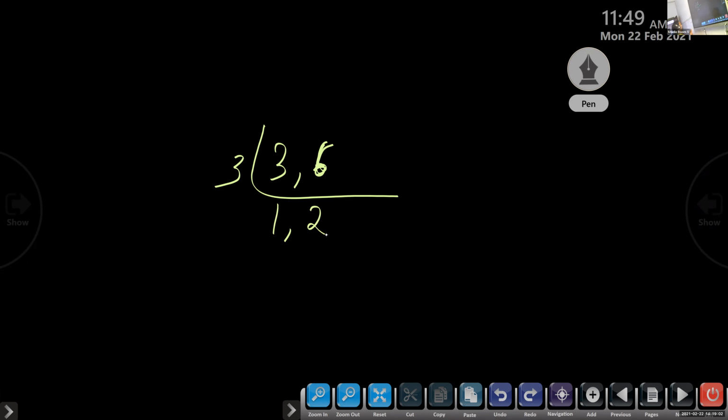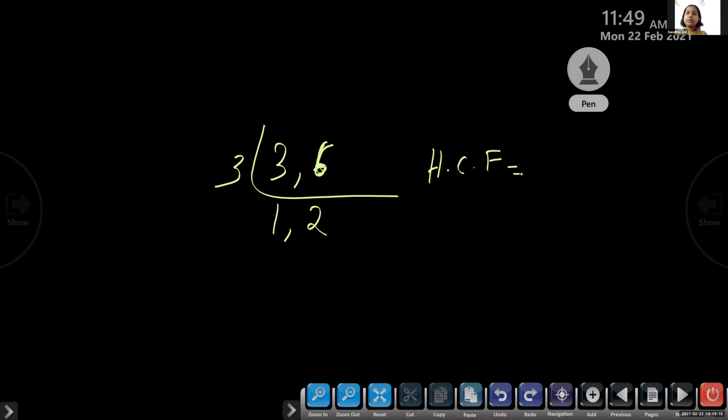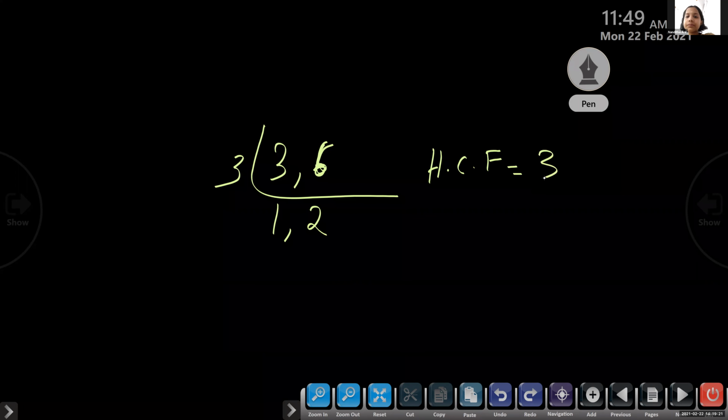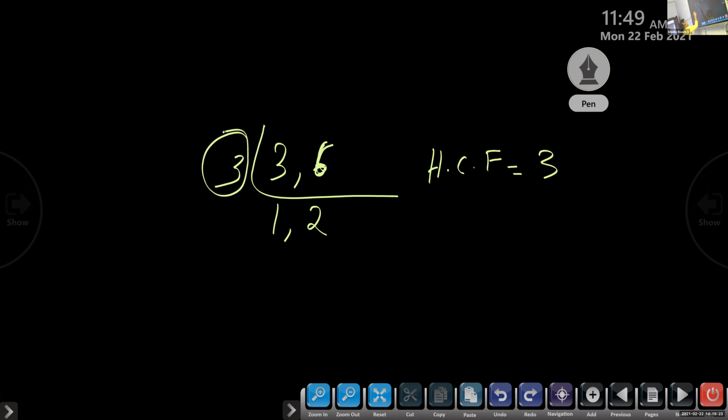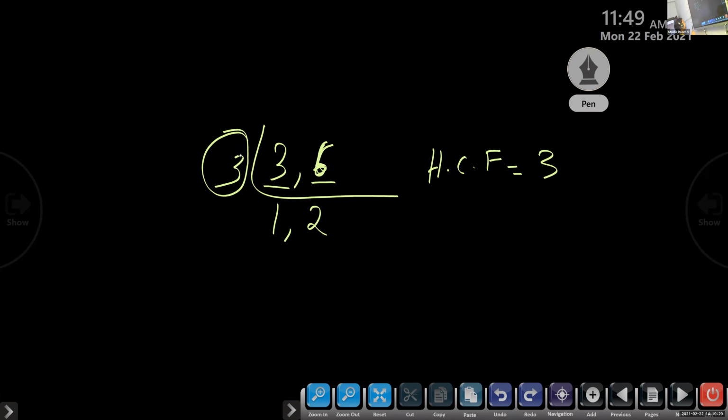Children, if I am taking the HCF, the highest common factor, we multiply the divisors. HCF means we will stop here, because in both 3 and 6 we have only this one common factor, 3.